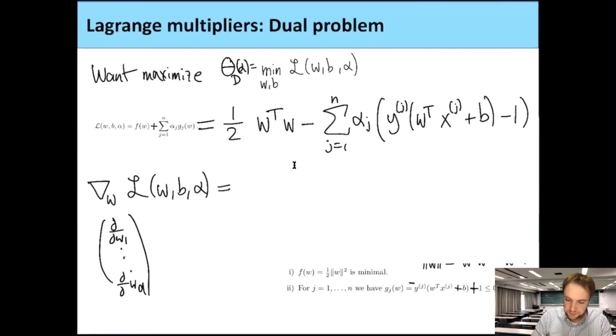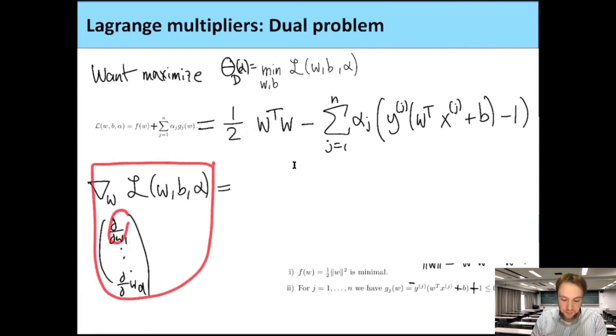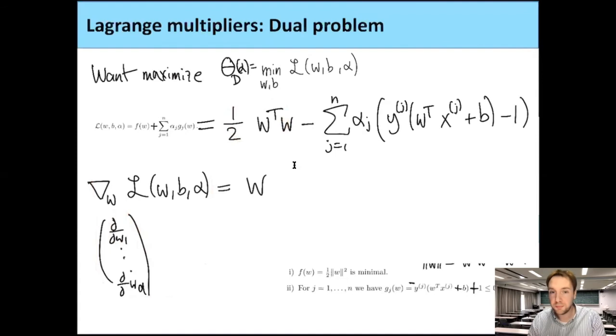And this number here is just the sum of the squares. So if I have the sum of the squares and I take the derivative with respect to w1 with the 1/2 here, I will just get w1. If I take the derivative with respect to w2, then I just get w2. So this will be a vector where in the first entry I have w1, then w2 up to wd. So the vector I get is just w.